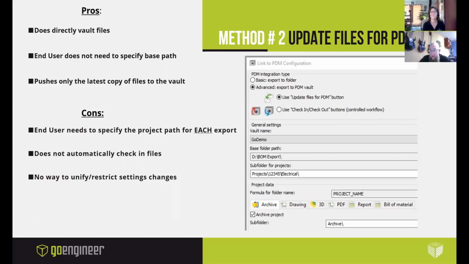So this is just, again, a push, but this time direct to a vaulted location. And again, because it's effectively the same functionality to a vaulted spot, there's really no way to unify or restrict any of those settings. So I'll turn it back over to Cheri to kind of show you what some of those clicks look like.